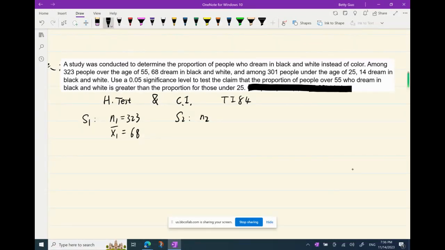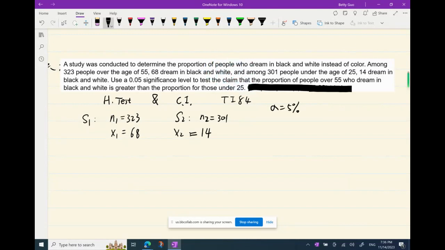For sample 2, we have 301 subjects, and the number of successes among the 301 subjects in sample 2, we have 14 of them dreaming in black and white. So that's the given information. Alpha is given as 5%.